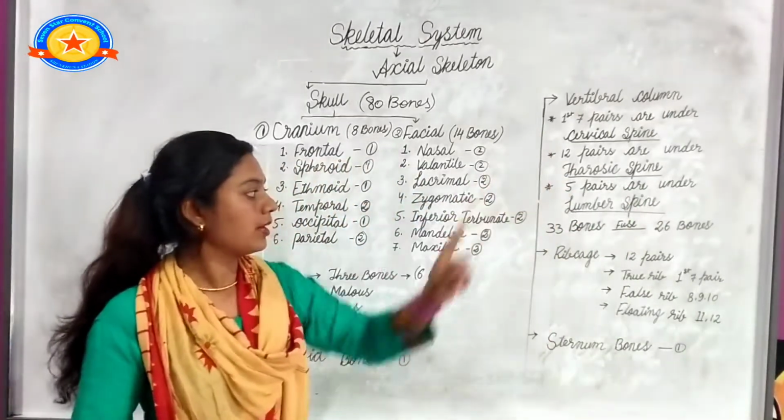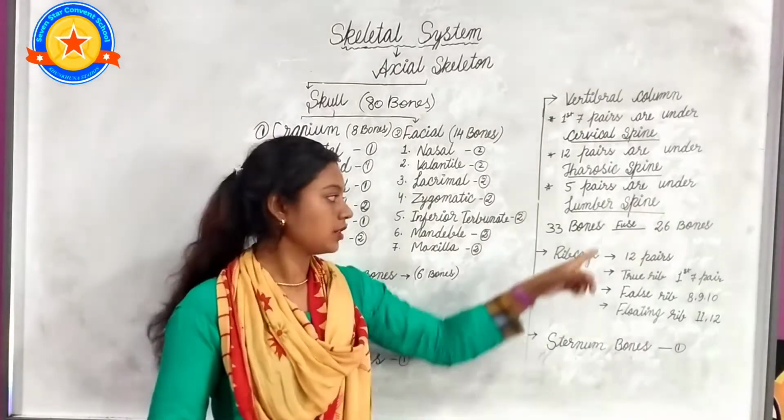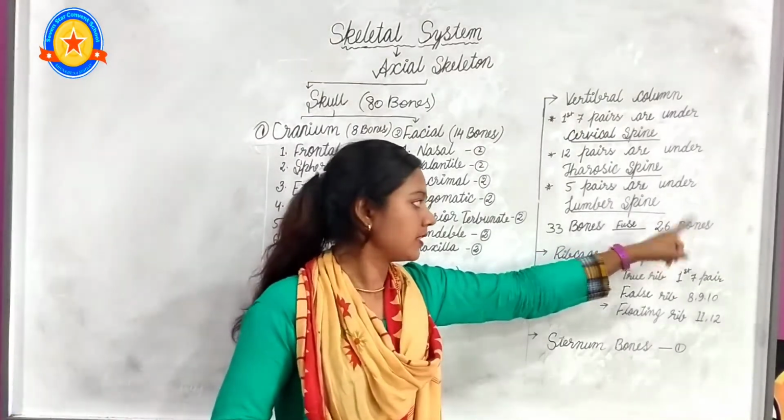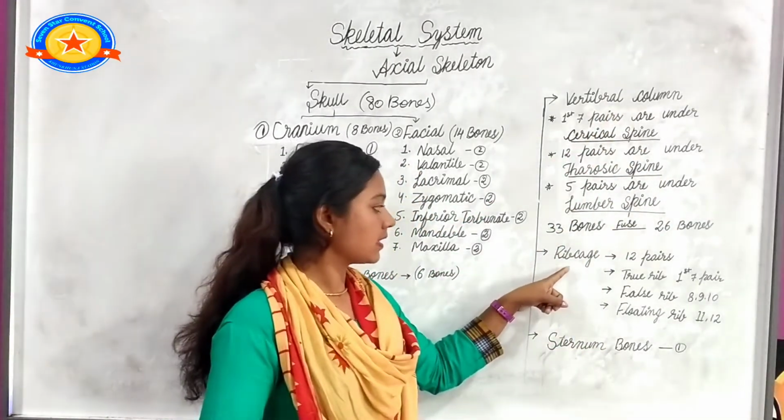So in the vertebral column 33 bones are there, but due to fusion only 26 bones are present in the vertebral column.